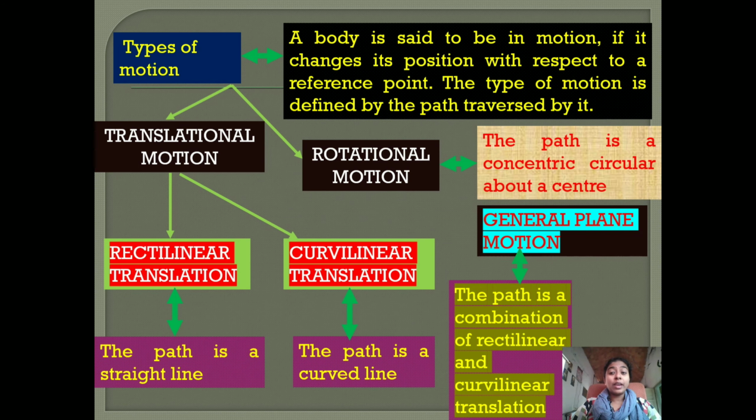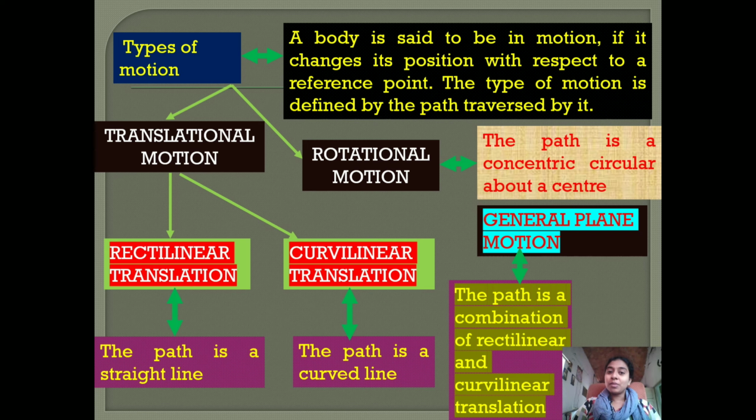So I hope you all remember this slide which we have studied in our first class of module 4. In module 4 we saw what is motion, what are the different types of motion. There we have studied this concept. So types of motion, we have translational motion and rotational motion.